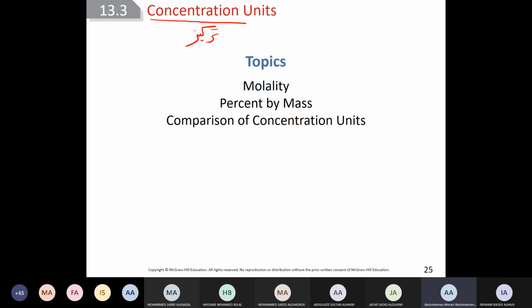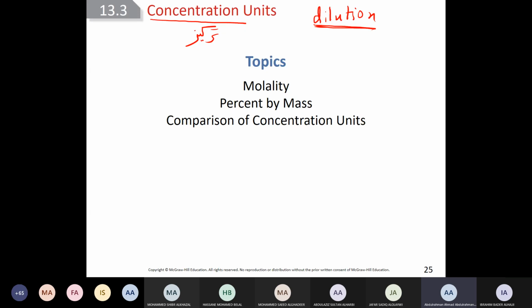We took this in chapter 4. Dilution. تخفيف. Dilution. All right. تركيز is concentration, and this is dilution. Concentration means more and more, and dilution means less and less.